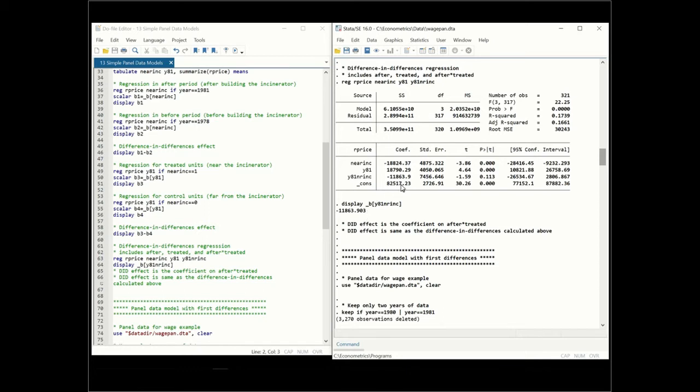If you're actually looking at the coefficients, we would be finding some of the base model here for the controlled units in here, and here we would also find in the before period, that would be the regression results, the way we did it in separate regressions.